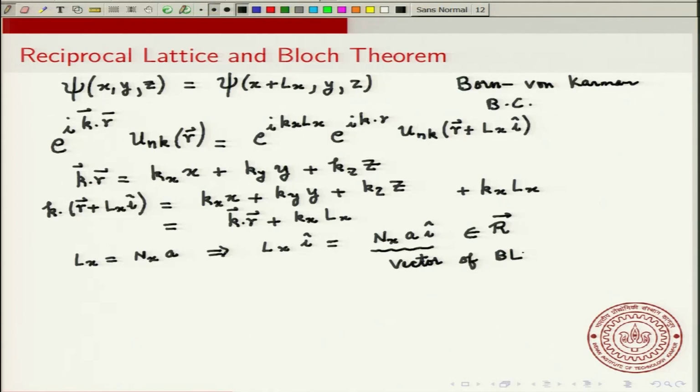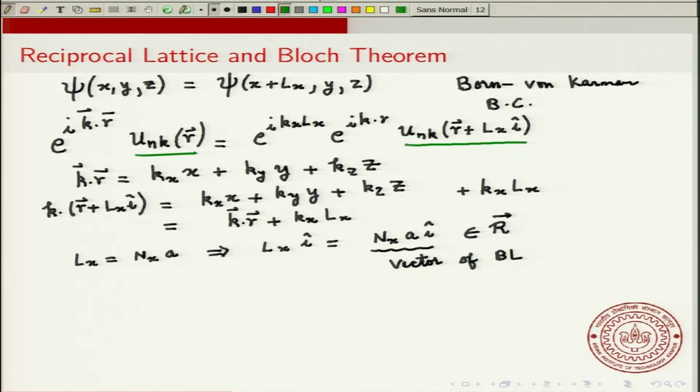In other words, since Lx is nx times a, just an integer multiple of a, a translation by Lx is also a translation in the Bravais lattice. So that will imply that these two terms are equal, according to the Bloch theorem.